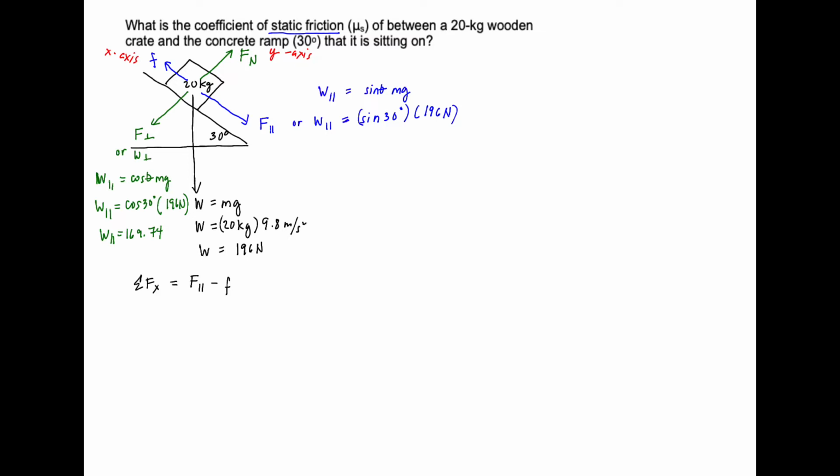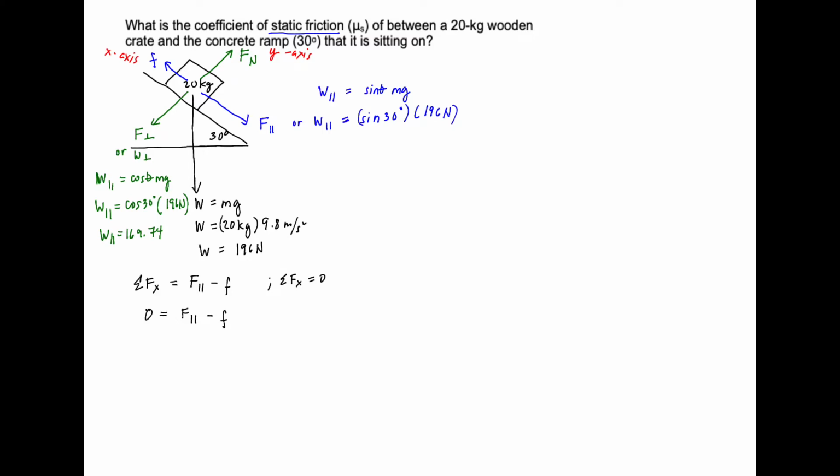And since we know it's not moving in x, so the box is not going down, it's not going up, it's just staying in that position, the sum of the forces would be 0. So 0 equals the force parallel, or the weight parallel, minus the friction.